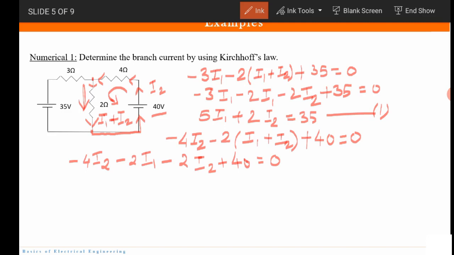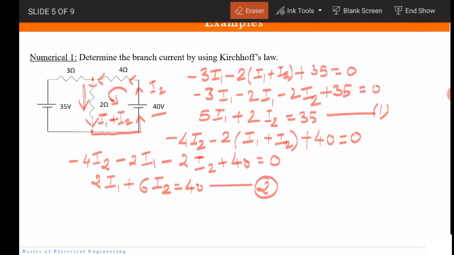Okay, so we will have 2 I1 plus 4 and 2, 6 I2 is equal to 40. Okay, so this is equation number 2.